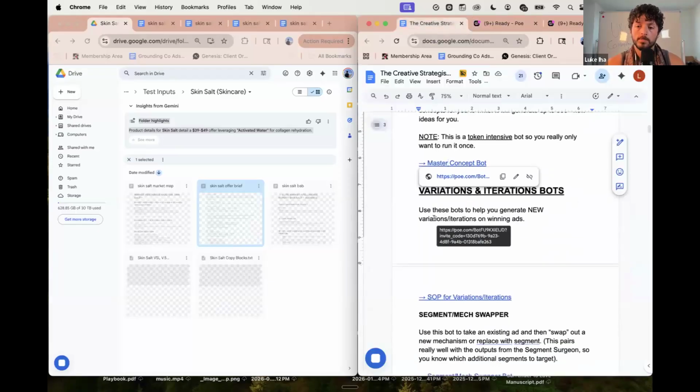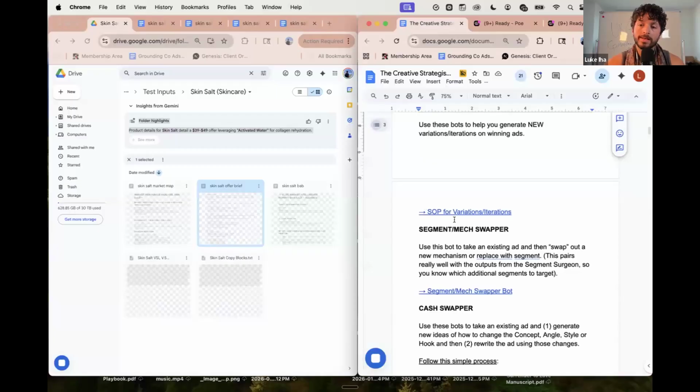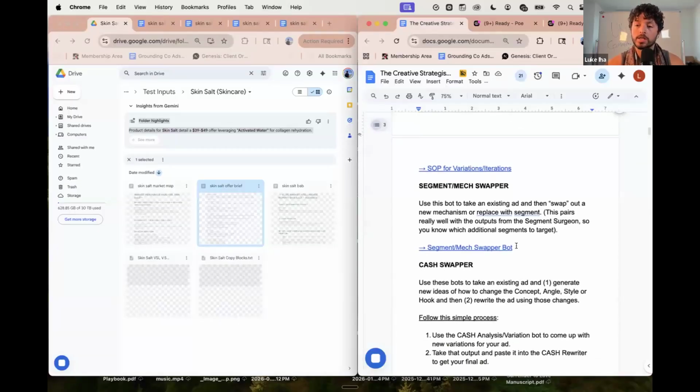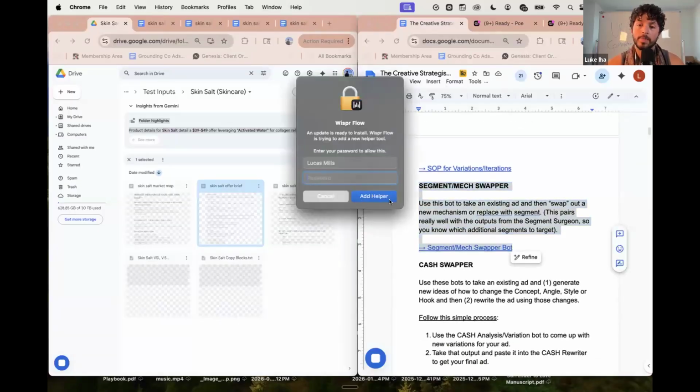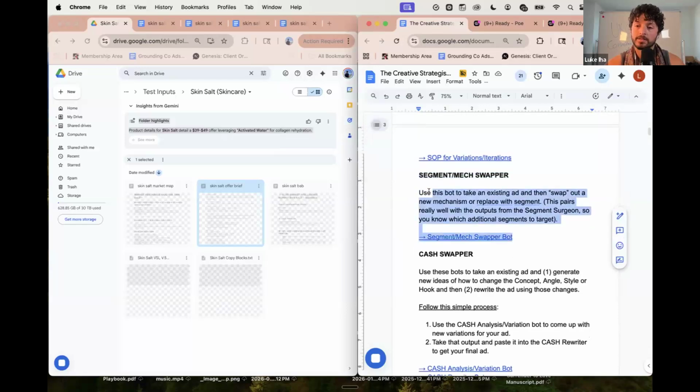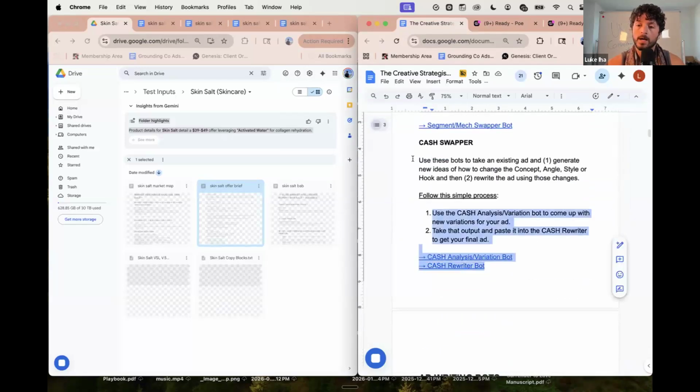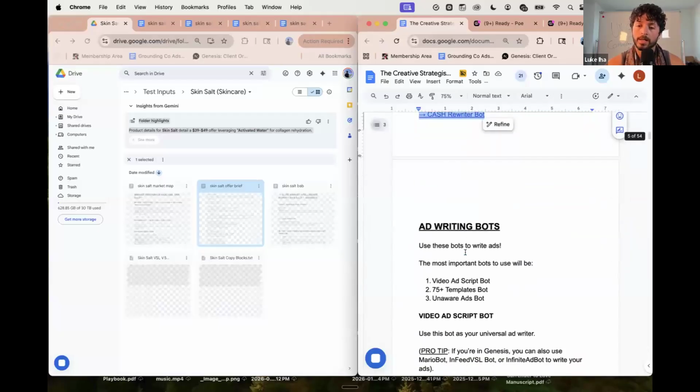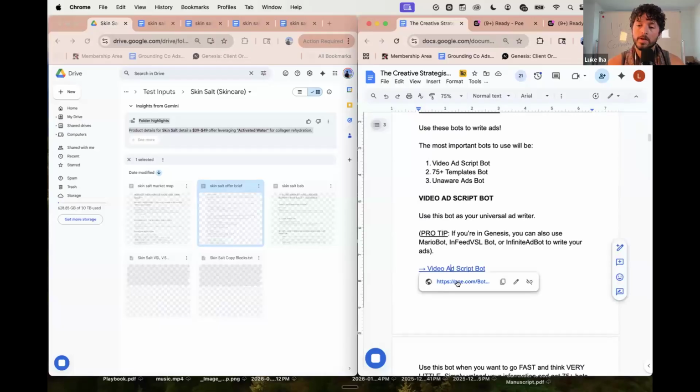All right. Cool. SOPs for variations, iterations. So again, if I had winning ads, I would pop this in and say, okay, let's swap out the segment. Let's do the cache analysis, right? To understand what's working or not working in it. And we have the video ad script bot.